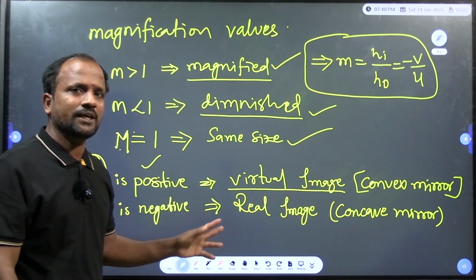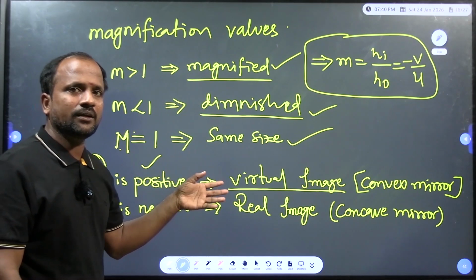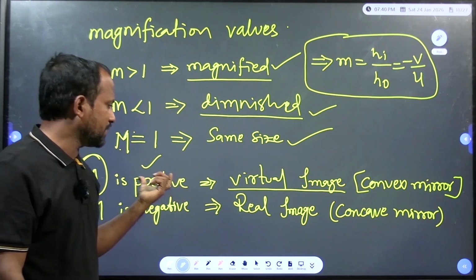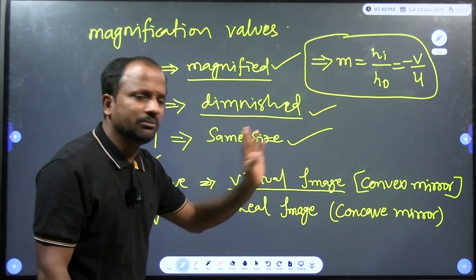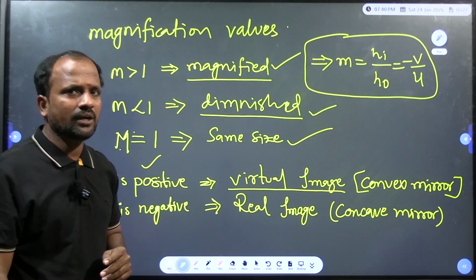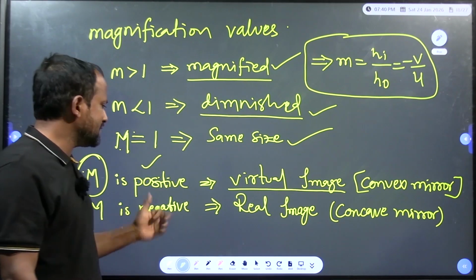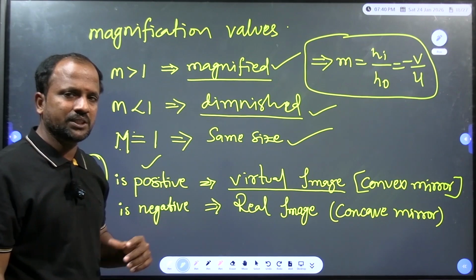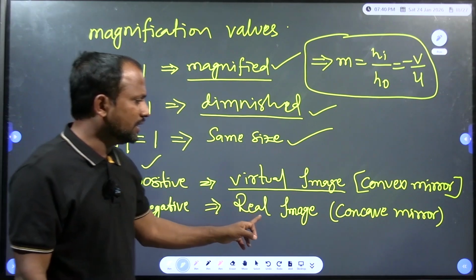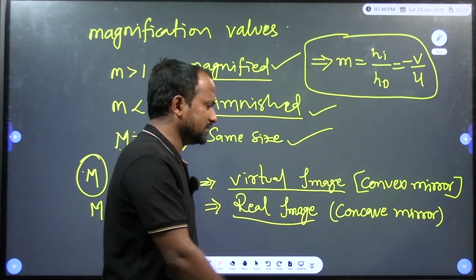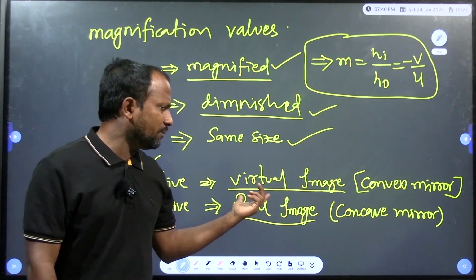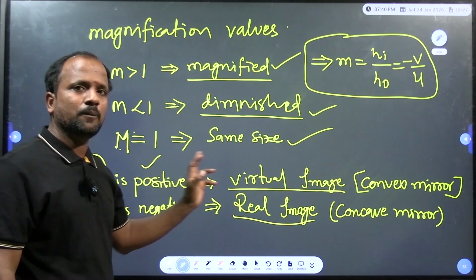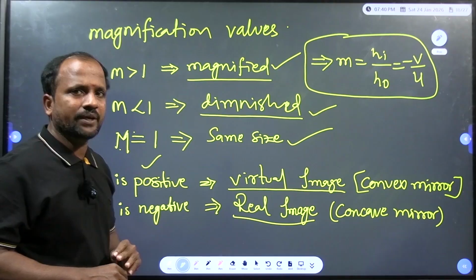By observing the magnification value, if M is positive, a virtual image is formed. Next, if the magnification value M is negative, then we get a real image. These are the two main important characteristics from observing the magnification value.